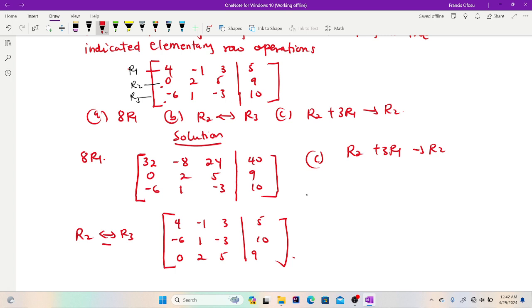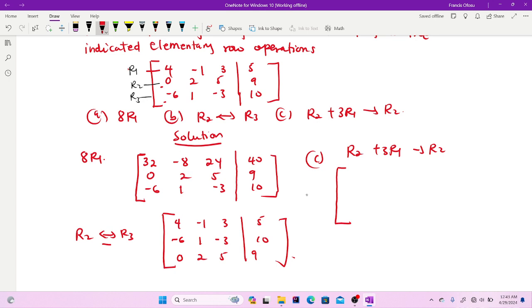We are going to first do the initial manipulation, that is R2 plus 3 times R1. So how do you do this? You simply take your row, so you write R2 plus 3 times R1.